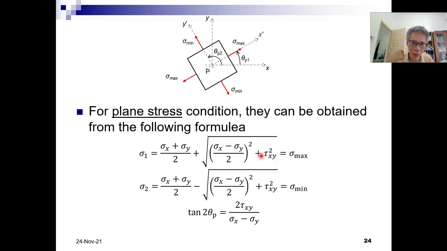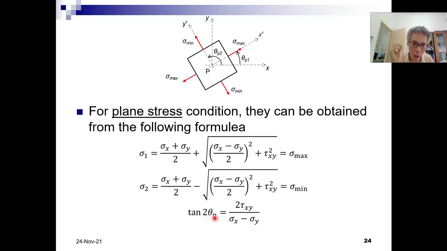This is normally referred to as the maximum stress, and this is sigma 2, the minimum stress. This is in plane stress condition, right? We only have two normal stresses, and sigma z is 0. And the angle that makes them is given by this one, okay? Tangent of two theta p equals this one divided by this one, okay?